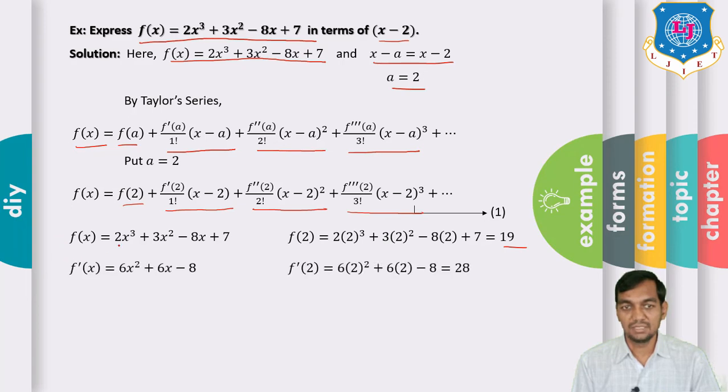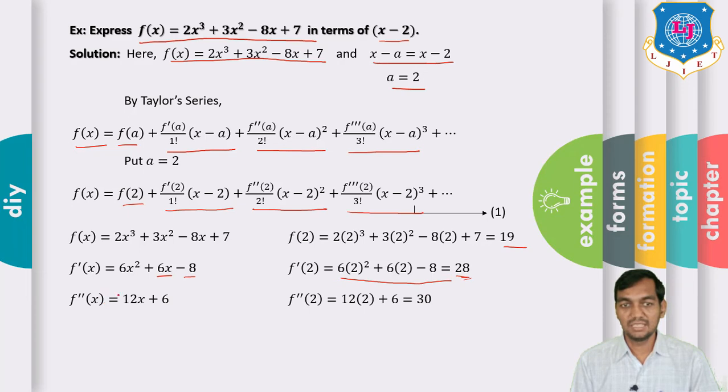In the same manner f dash x. This has a derivative 2 into 3, that will be 6x square plus 3 into 2, that is 6x minus 8. Correct? Again you have to put x is equal to 2. So if you put x is equal to 2, that will give you 6 into 2 square plus 6 into 2 minus 8 and it has a value 28.